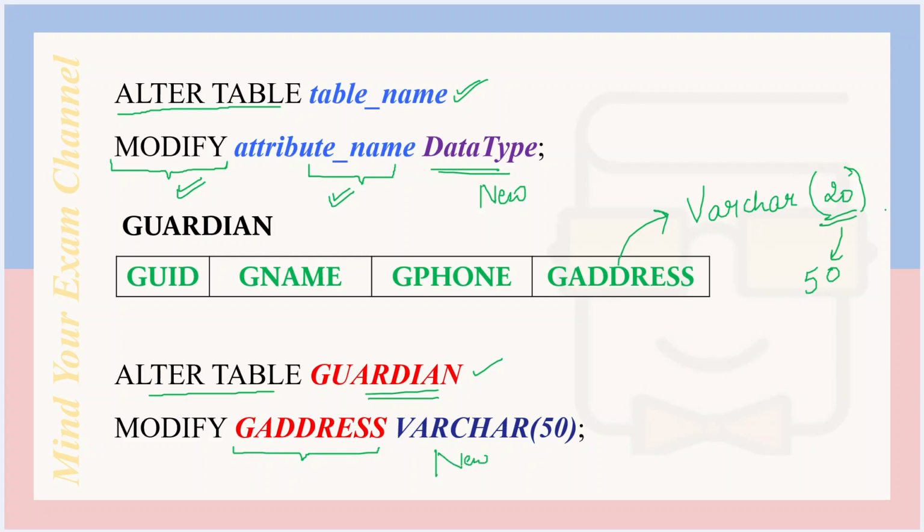So from varchar 20 we are changing this data type to varchar 50. This is the command. If you want to completely change the data type, you can replace this data type with any other data type. Say you can replace it with int also if the scenario holds right in your case.